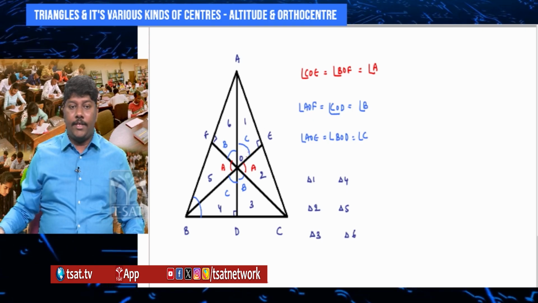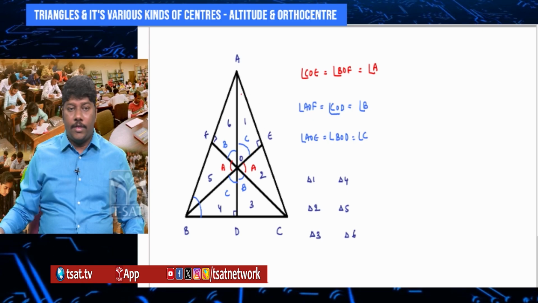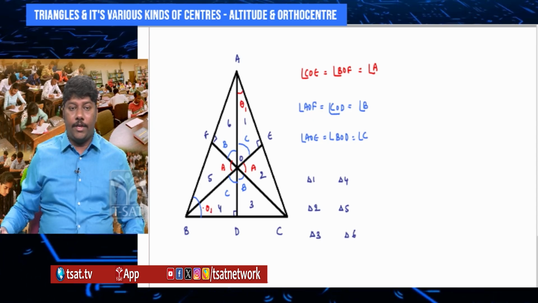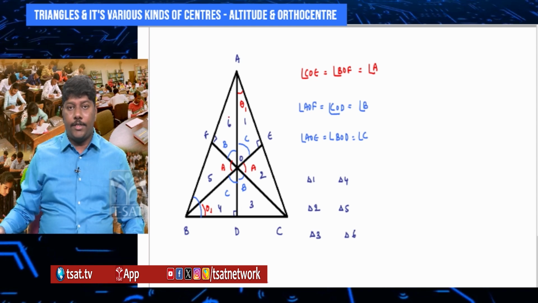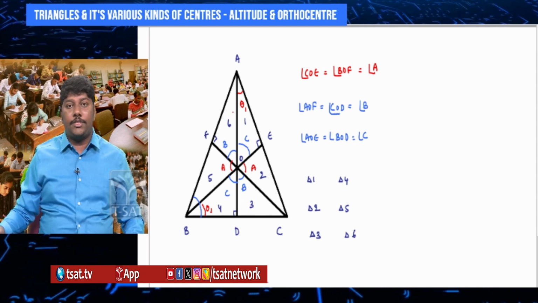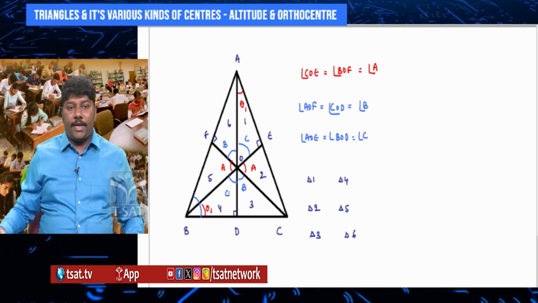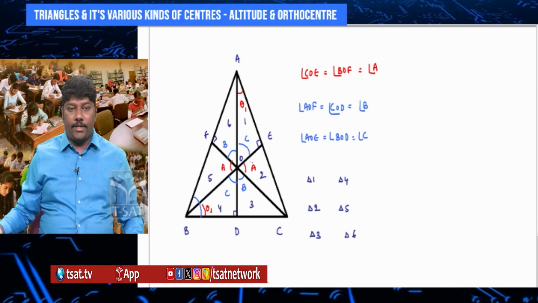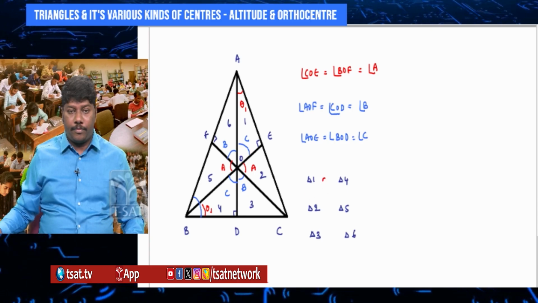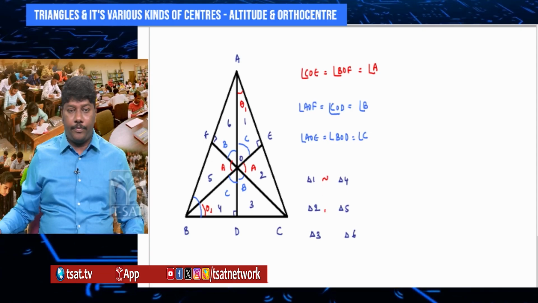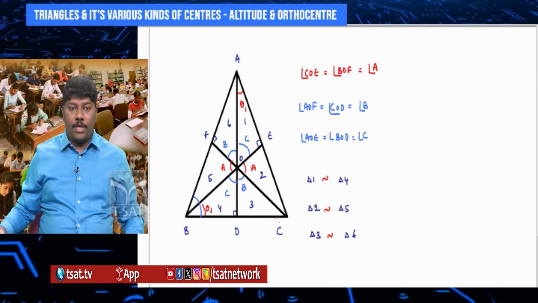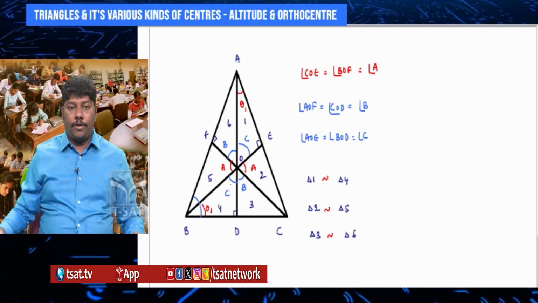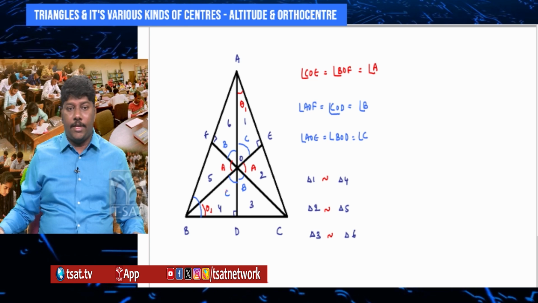You will understand angle C is angle C, 90 degrees is common in both, therefore this angle, if I take it as theta 1, this angle is also theta 1 here. So all the 3 angles of one triangle are equal to all the 3 angles of the second triangle, therefore these two triangles are similar triangles. In fact, if any one side becomes equal, then it becomes congruent. It depends on the question, but as of now we can say those are similar triangles.